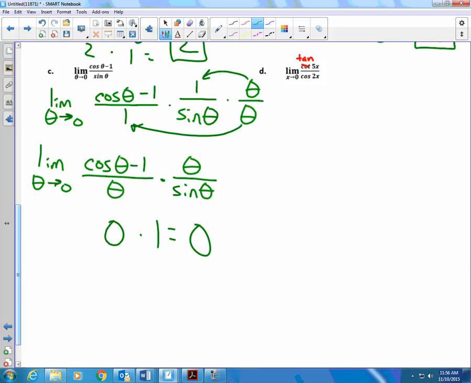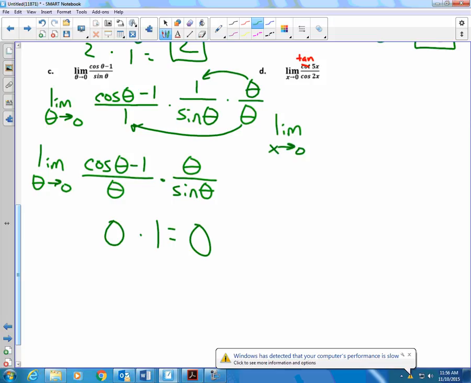And our last example, D, we have the limit as x goes to 0. Instead of cotangent, change it to tangent: tangent of 5x over cosine of 2x. Okay, because I wrote the problem forward. Now, here's what some people might do in this example. They might say the limit as x goes to 0 of, how can you rewrite tangent in terms of sine and cosine?